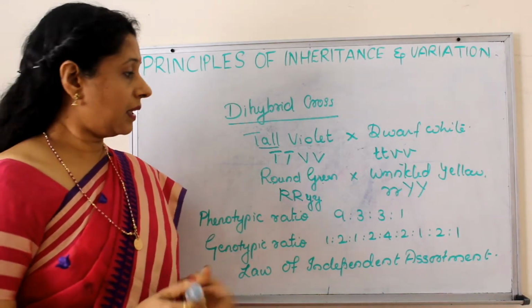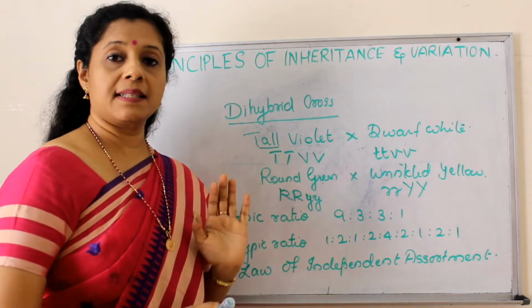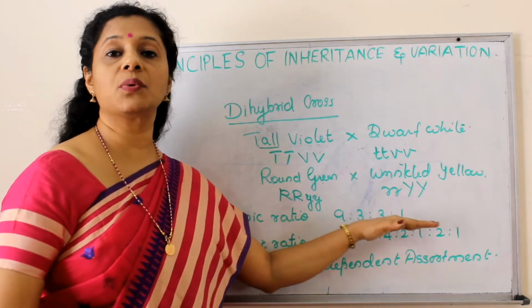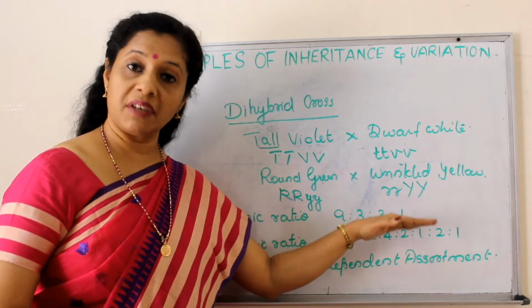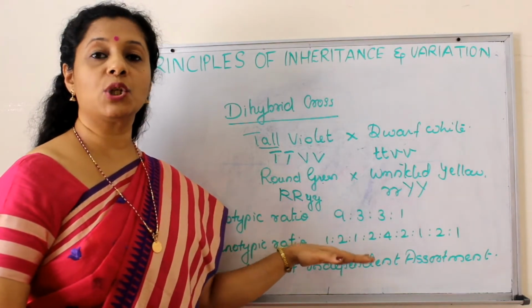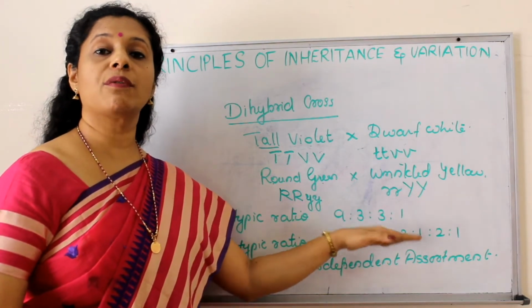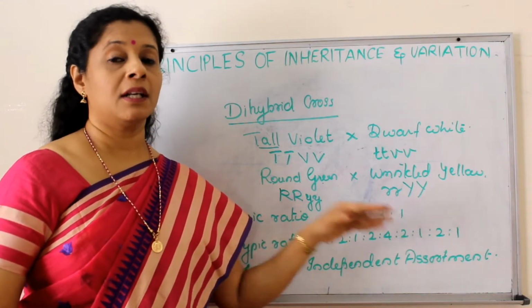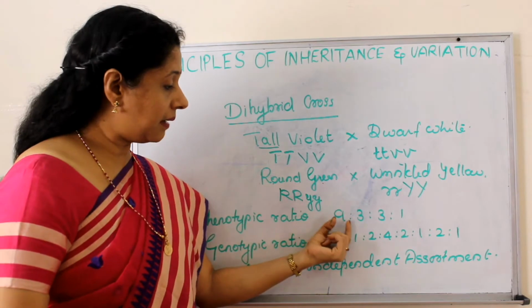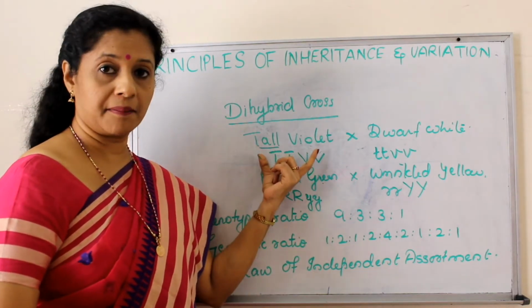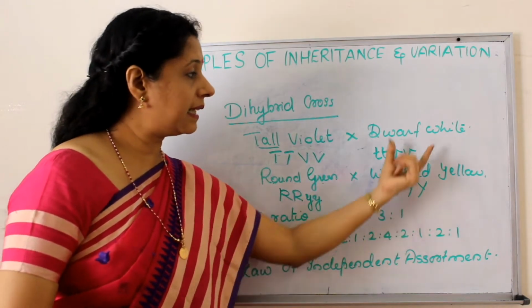If you do both these experiments, you are going to get a 9:3:3:1 ratio at the end, which is the phenotypic ratio, and the genotypic ratio is 1:2:1, 2:4:2, 1:2:1. Here, 9 of the offspring are like the first parent, and 1 is like the other parent.